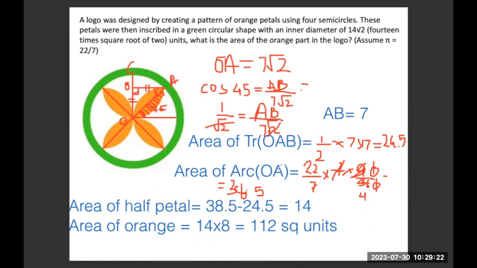That's why we didn't take 7√2 in the arch OA. Is that clear?